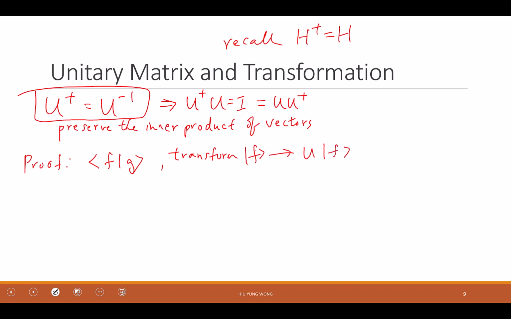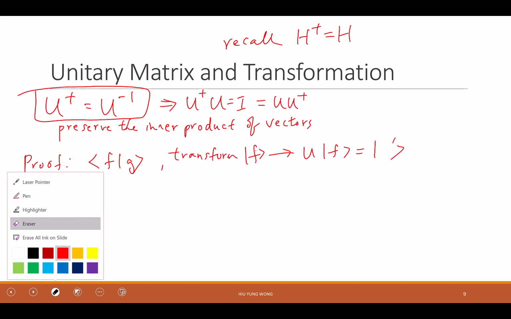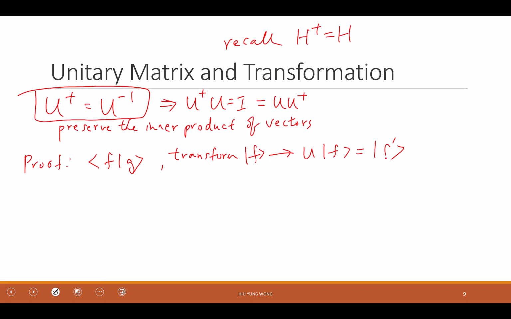I transform F, it means that I apply U, so it becomes a new vector, right? This is a new vector. For example, maybe I rotate it by 90 degrees. I call it F dash.